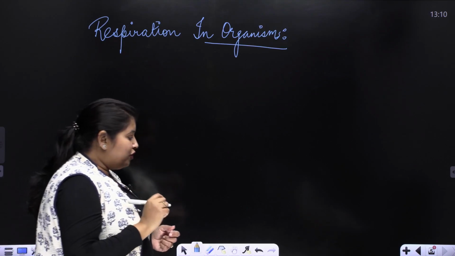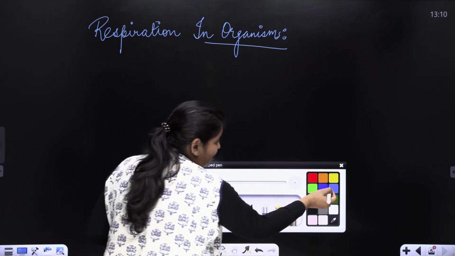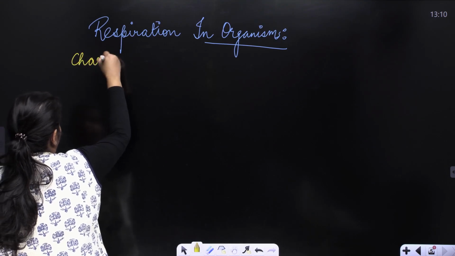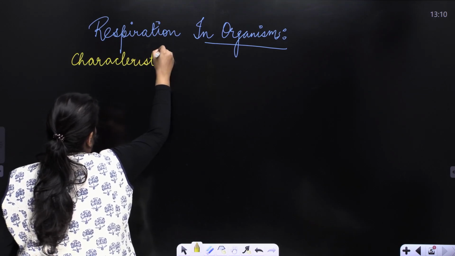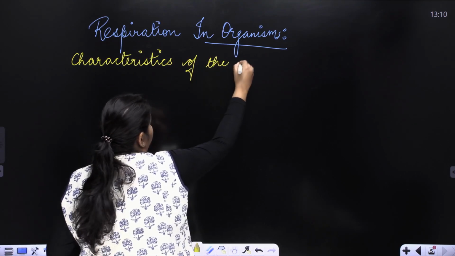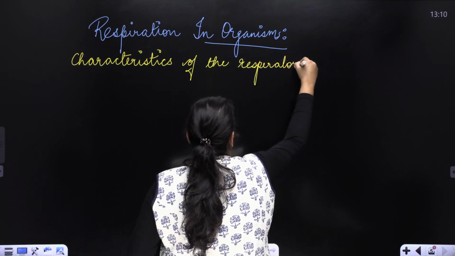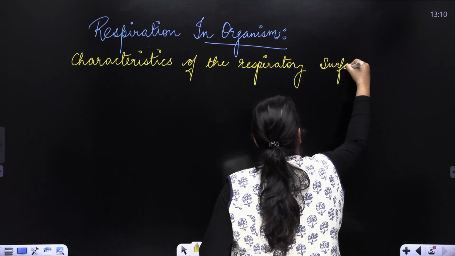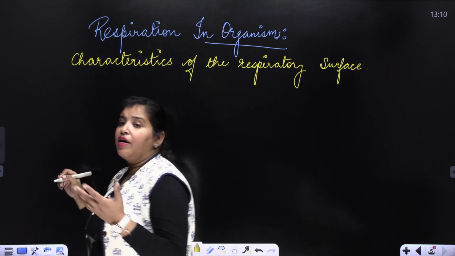So, for that, the first thing you need to know is the characteristics of the respiratory surface. These characteristics are always common to all the organisms.